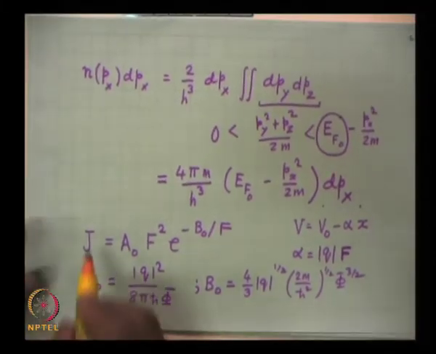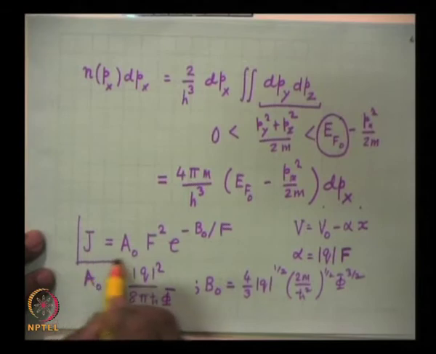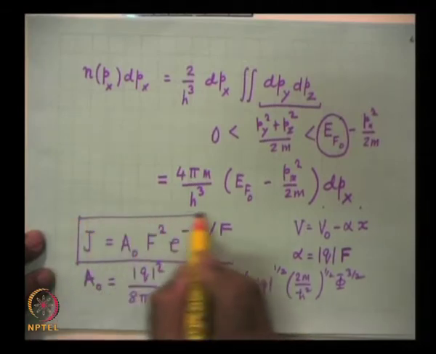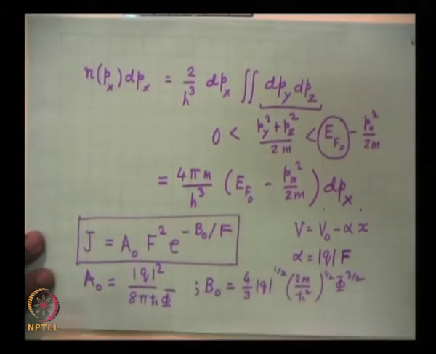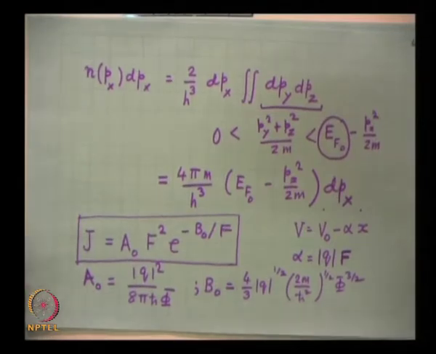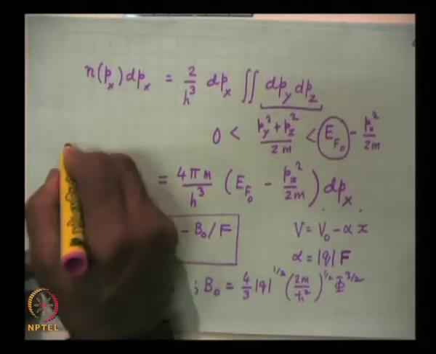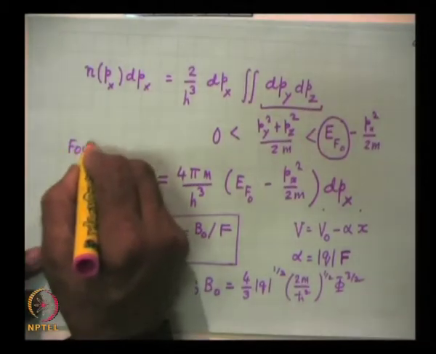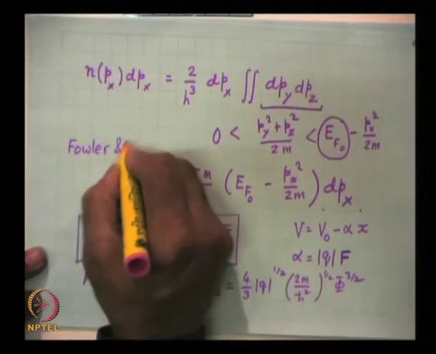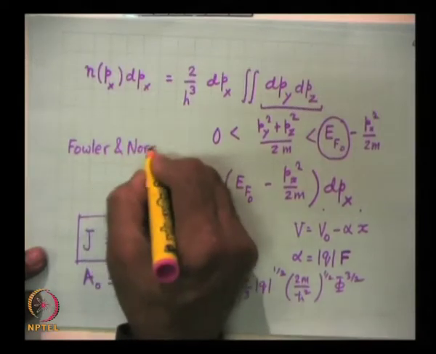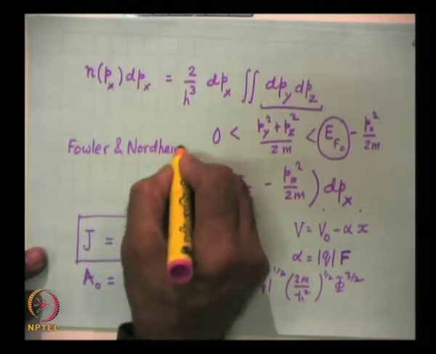So, this formula for the current density was the first example of the quantum mechanical tunneling phenomenon; the alpha decay problem, which we will consider next, is another. This formula was given by Fowler and Nordheim in the early 30s.